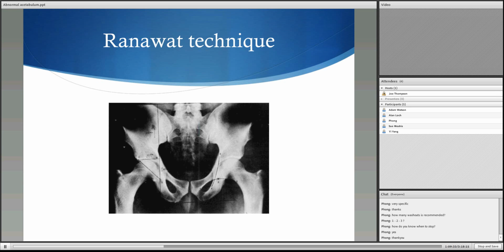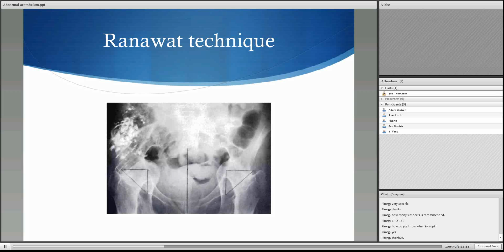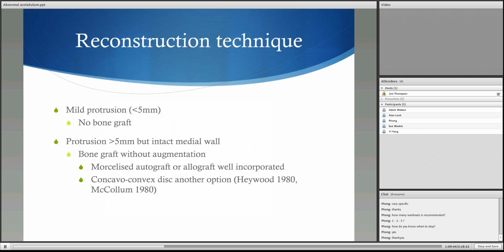There's quite a lot of distortion, especially in the bilateral protrusio. It's very hard to determine where the cup should be. But the technique basically measures the height of the pelvis, as we do in the Crowe classification. Take a fifth of that as the height of the acetabulum, the vertical height. There are two landmarks, the Köhler's line, the ilioischial line, and the Shenton's line.